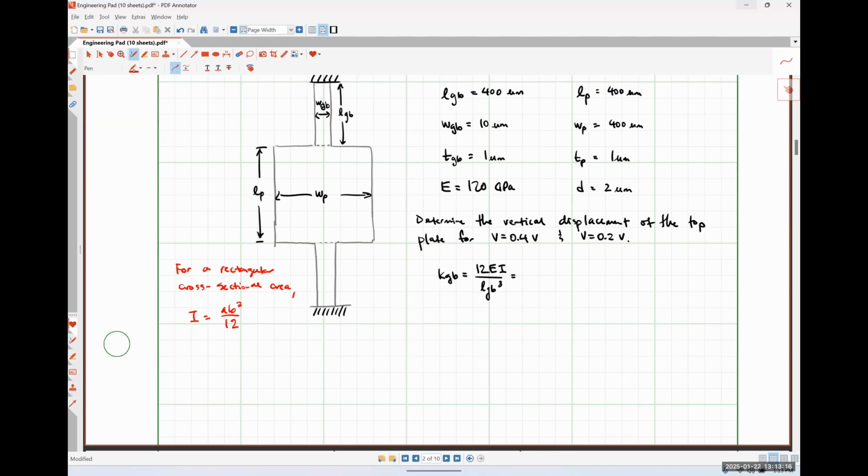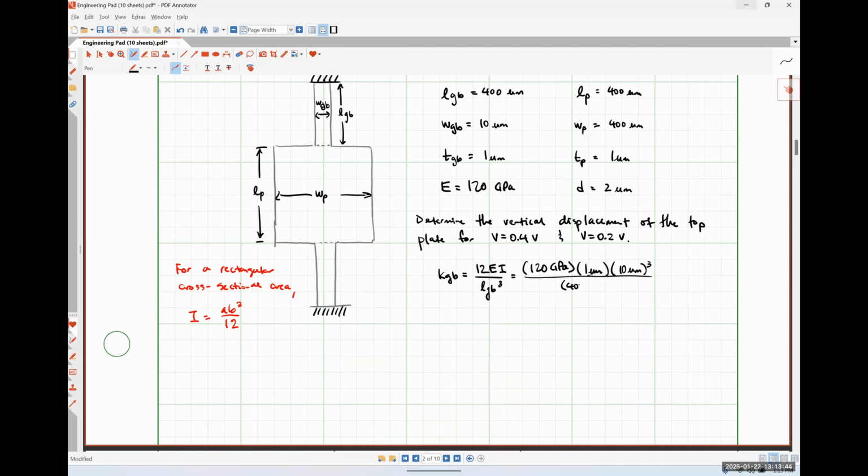So when we plug these things in, we're going to wind up having 120 gigapascals times our thickness of our guided beam, so that's 1 micron, times the width of our guided beam spring, so that's 10 microns cubed, divided by the length of our guided beam spring cubed.